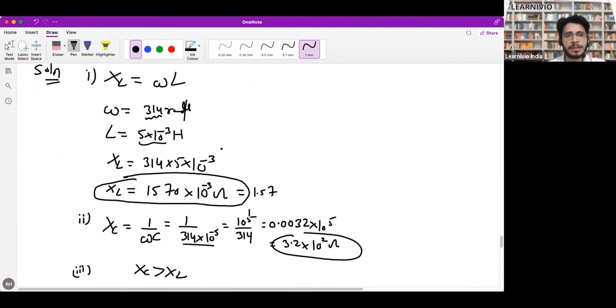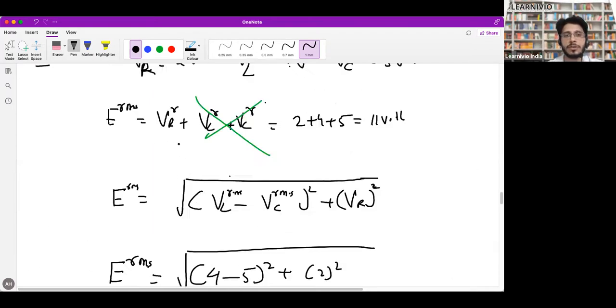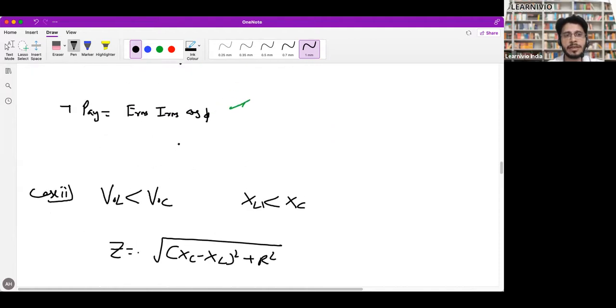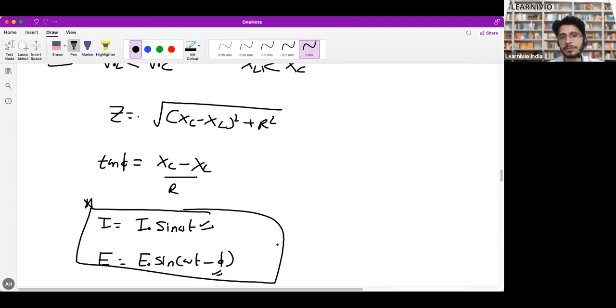This is a circuit having XC greater than XL. Capacitive reactance is greater than inductive reactance. So when XC is greater than XL, current leads. If this is the equation of EMF, can you tell me the equation of current? Omega t plus phi.